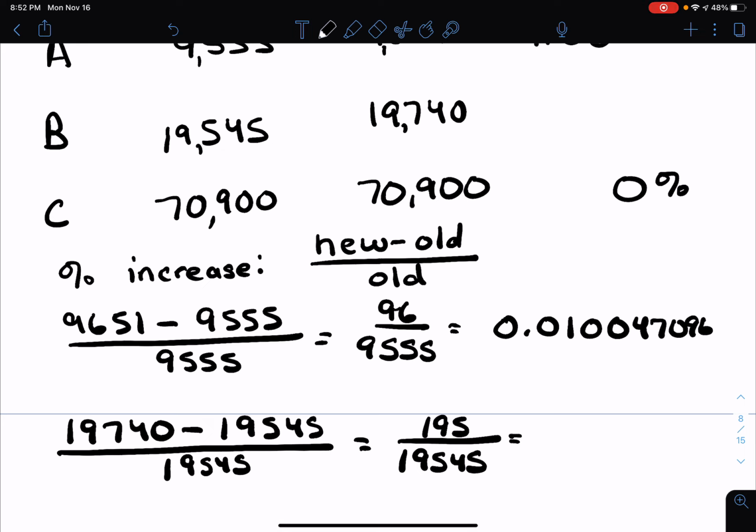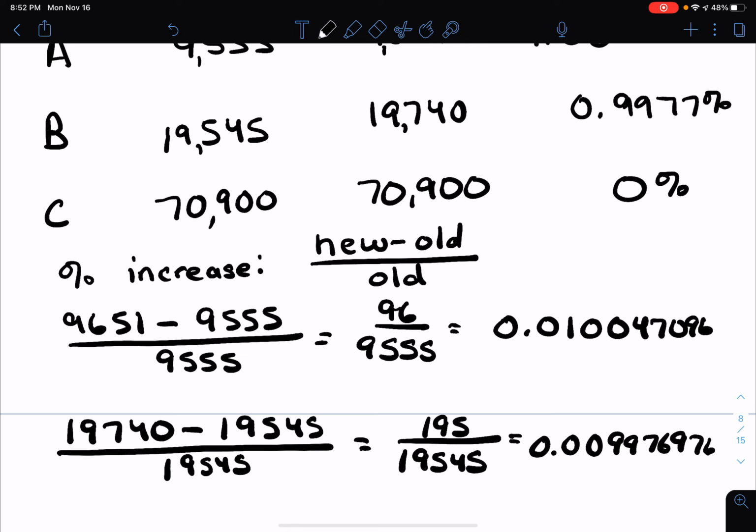If you do the decimal there, 0.009976976. I just wrote down whatever my calculator spit out. So percent increase is 0.9977%, going to 4 decimal places. Just move your decimal 2 places to the right, and that changes it to a percent.